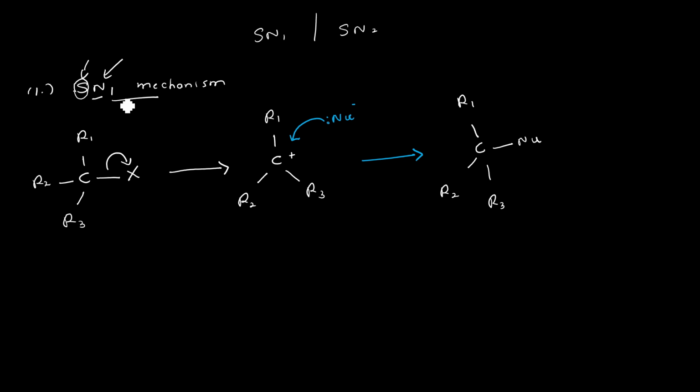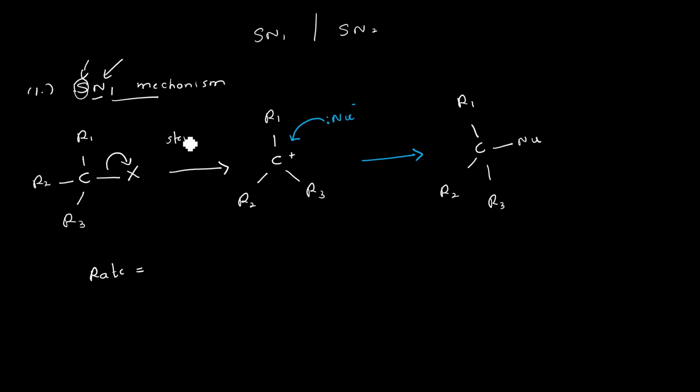So what does the number 1 mean? If you look at your rate expression, in basic kinetics the rate expression is based on the rate limiting step. What is the rate limiting step in this particular mechanism? You have 2 steps.